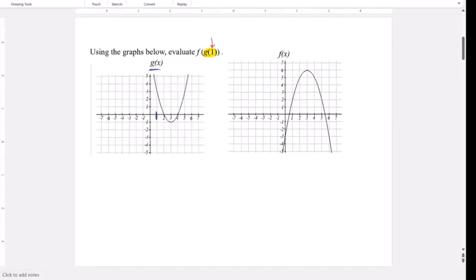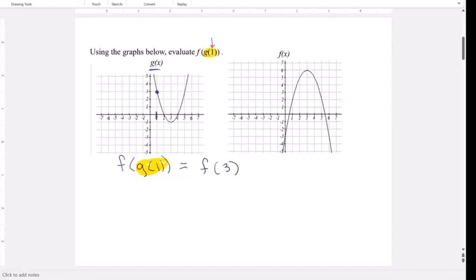I go up until I find where that hits the g of x function, and it hits at 3. So we have f of g of 1, and we just found out that g of 1 is equal to 3. Now I want to know what is f of 3.